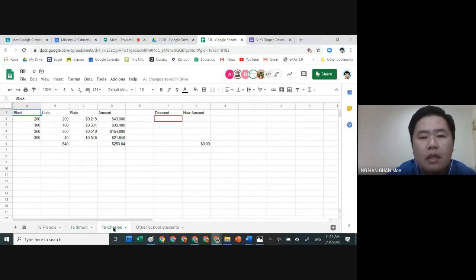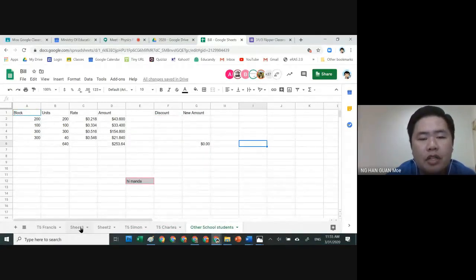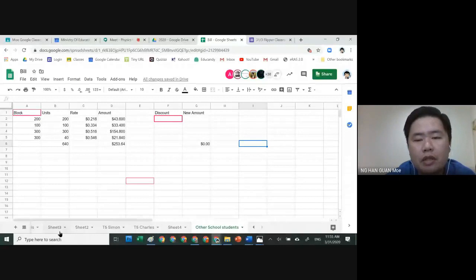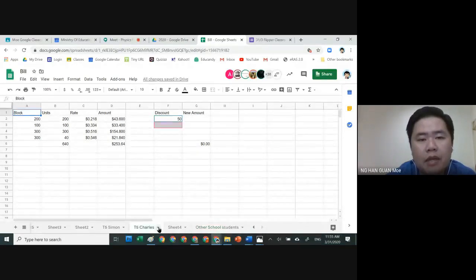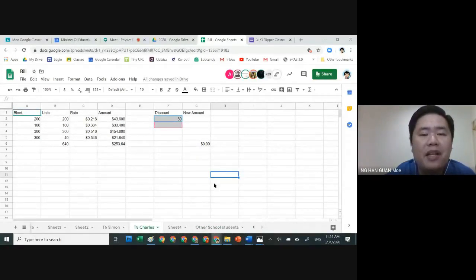Of the five children, only two are entering. For the additional sheet that you add, you can just double click and change it into your own name. Double click sheet 2, sheet 3, and change it to your own name. You can also make a duplicate here. Let's see who can quickly apply it to get the total bill after the discount.